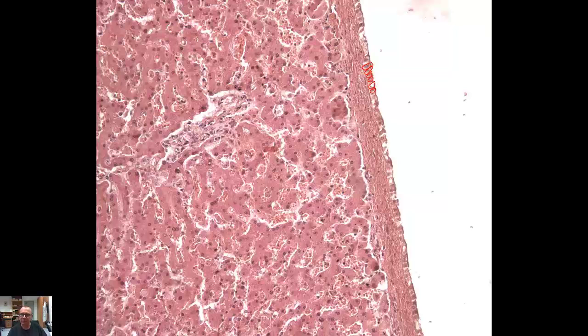It is variable. Under the mesothelium there is a layer of dense connective tissue, but quite thin, which then goes into the liver as a network of reticular connective tissue.